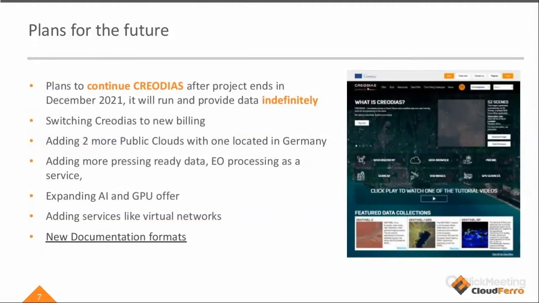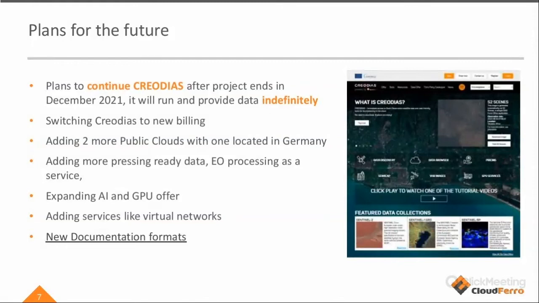So again, more resilient, when there is some connectivity issue or internet issue globally, you can still access your cloud in your environment. So basically just expanding the services and adding more clouds.